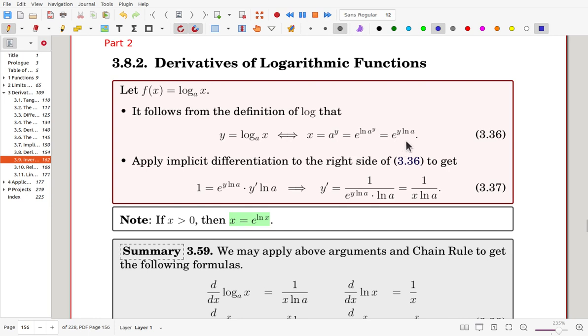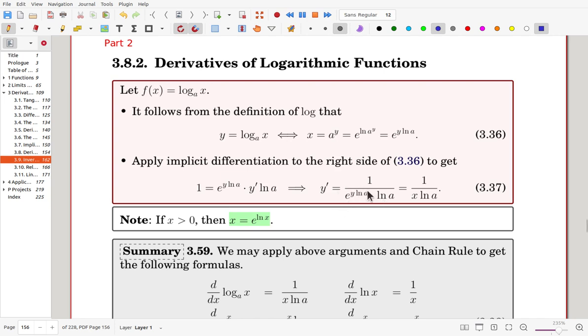And here, first we consider y ln a as a variable u. Then that is e to the u, and the derivative of u with respect to x, which is y prime ln a. Now we solve it for y prime. Then y prime is the same as 1 over e to the y ln a times ln a.